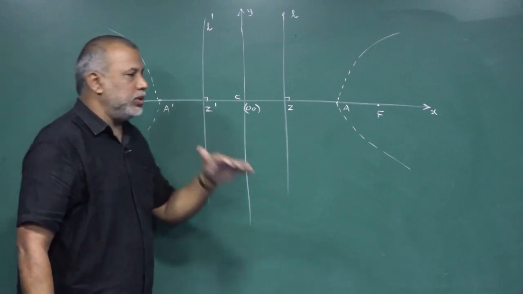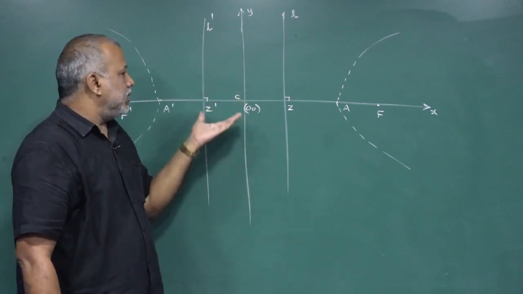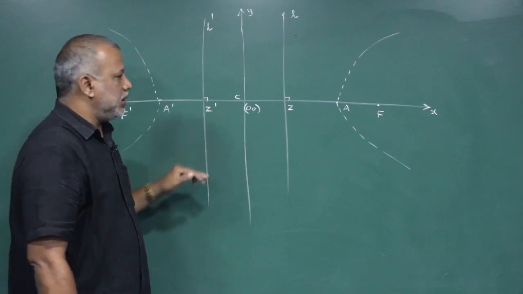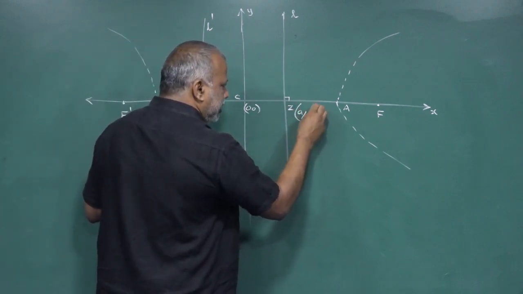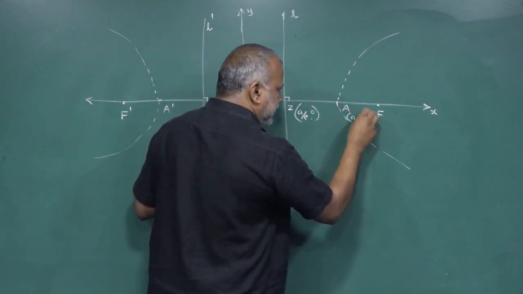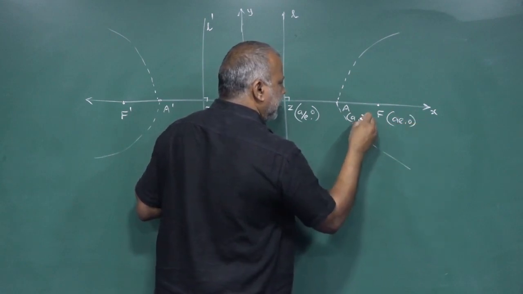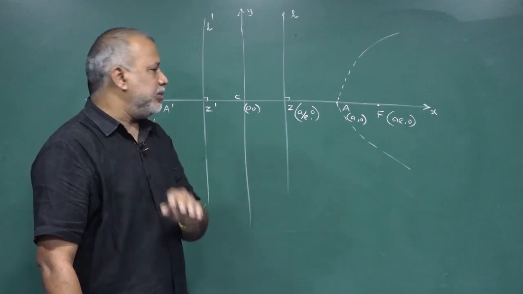See the concept once again. This is the basic diagram of a hyperbola. The center must be (0, 0). Then Z is (a/e, 0), A is one of the vertices (a, 0), then the focus is (ae, 0). We already derived all these results in the standard equation of the hyperbola.